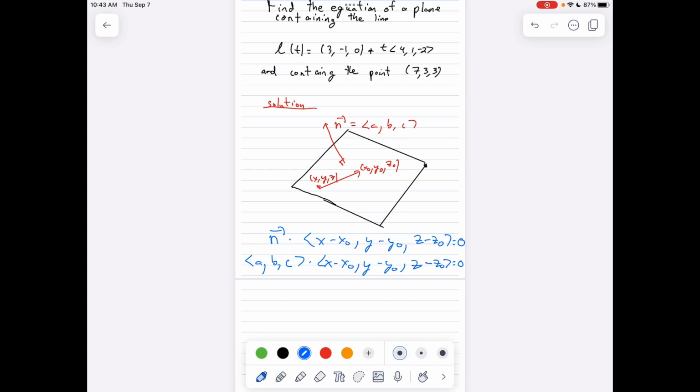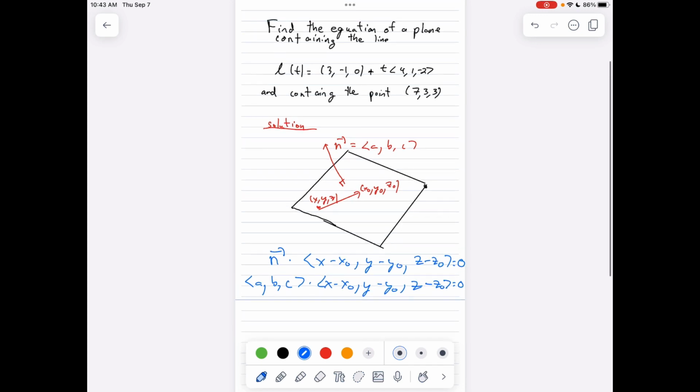So the most important thing is finding this normal vector. Now, how do I do that with this problem? I'm given some information already, that the line is on this plane. Let me draw that out, not literally, just to get an idea going.